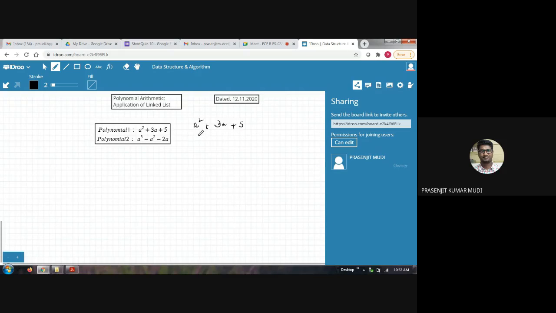That is important logic. You are writing here a cube, and then you are writing here minus a square, and then you are writing here minus 2a. Okay, that's it. Then what you are doing?